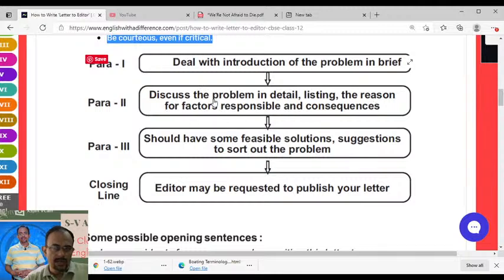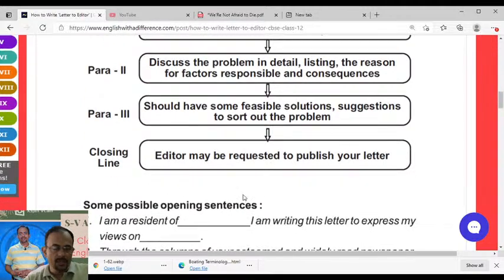Then state some feasible solutions and suggestions, and then the closing line. The editor may be requested to publish the letter. That can be your closing line. So these are some of the formalities you need to stick to in order to write a letter to the editor.